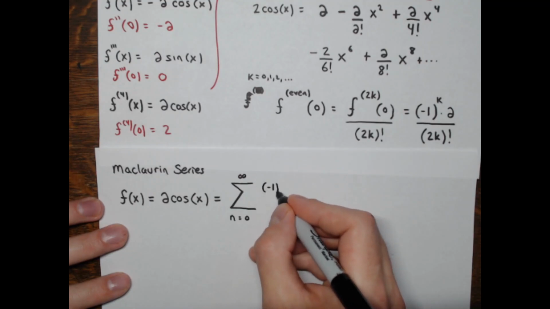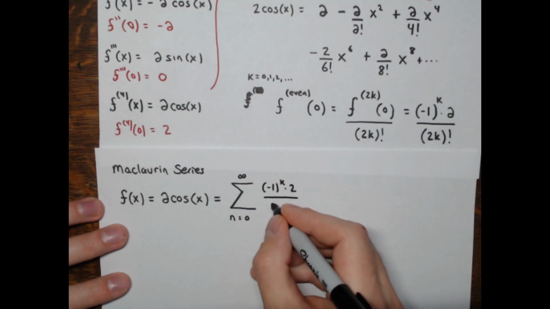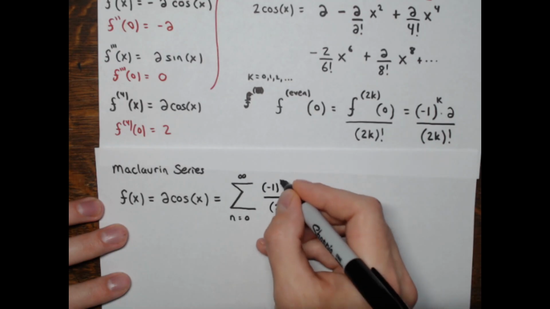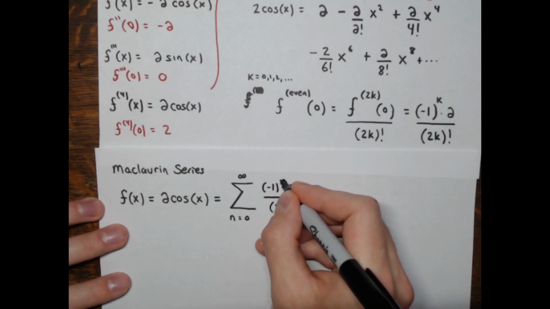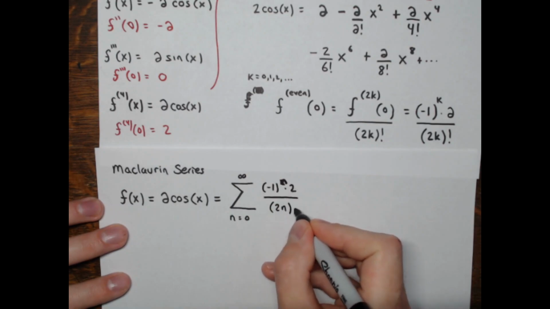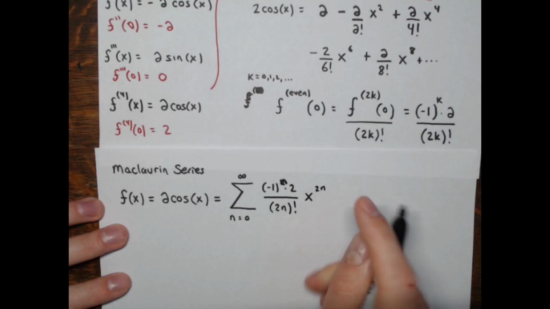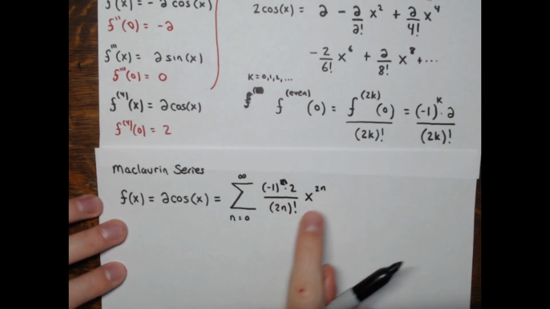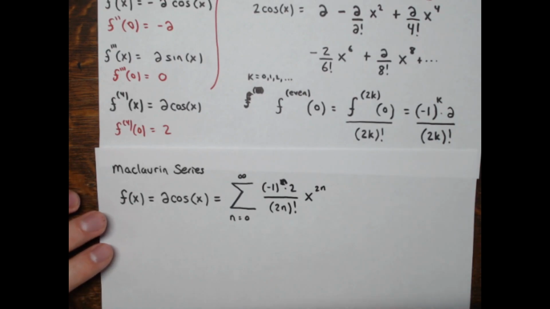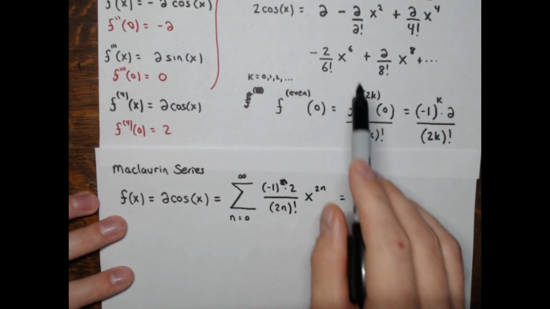So we have negative 1 to the n times 2 over 2n factorial, and then times x to the 2n. Again, I just want to use all the even stuff. And you can double check that this actually matches what I've written up here.